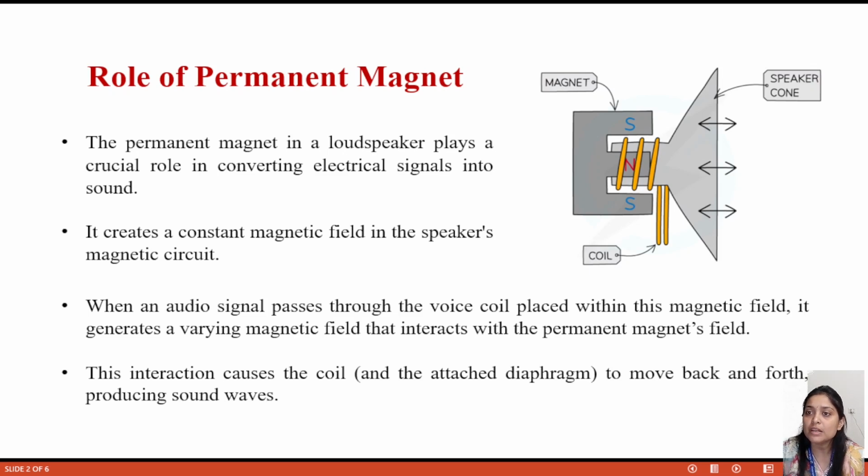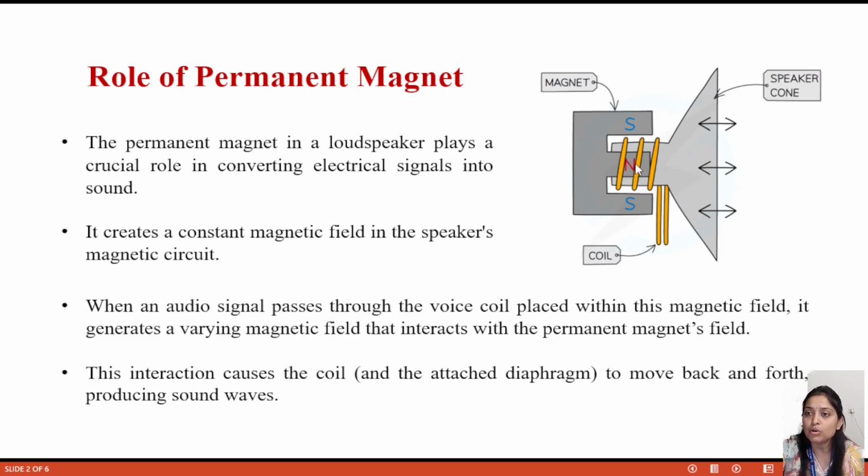So there is a permanent magnet, which continuously produces a static magnetic field. There is the voice coil, which I have already told you about. When an audio signal, that means a varying AC audio signal, is passing through the voice coil, a varying magnetic field is produced. Due to this varying magnetic field and also the static magnetic field, the voice coil continuously moves back and forth.